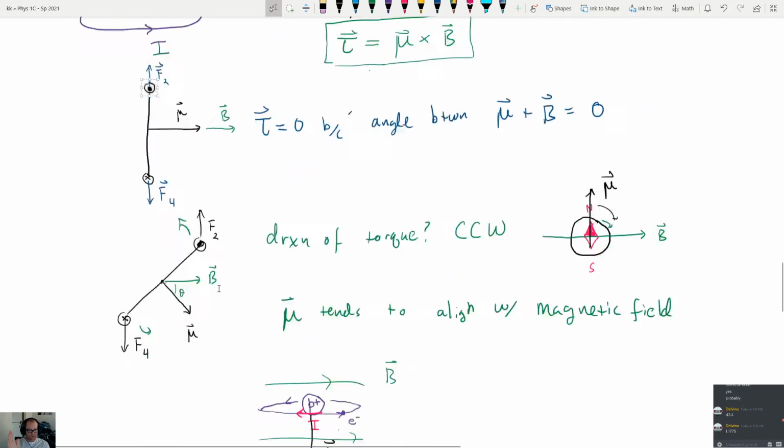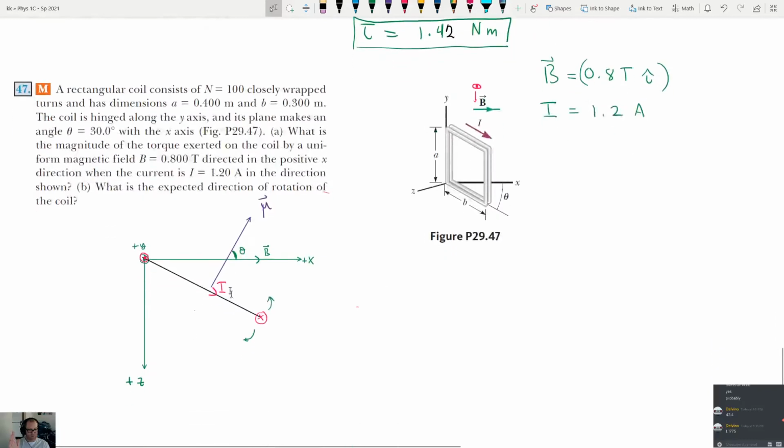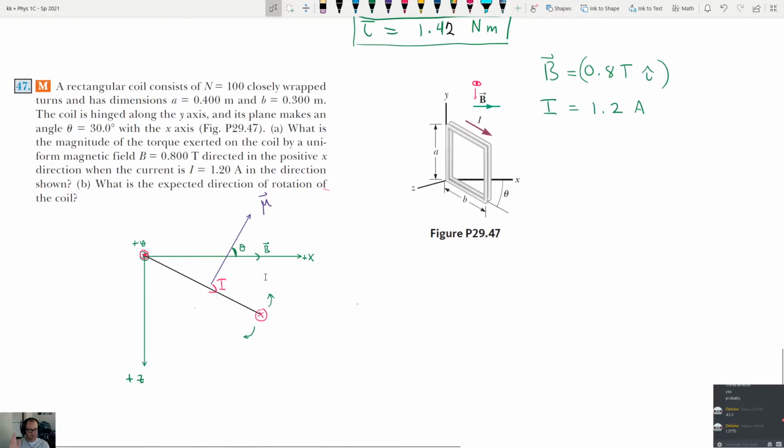Yes, the answer is clockwise. Because here, our magnetic moment vector is up and to the right, and B is to the right. So that magnetic moment vector basically wants to swing down until mu, which is starting off this way, is going to line up with B, which is going this way, right? Can everyone see that? So the answer is that it's going to rotate clockwise.